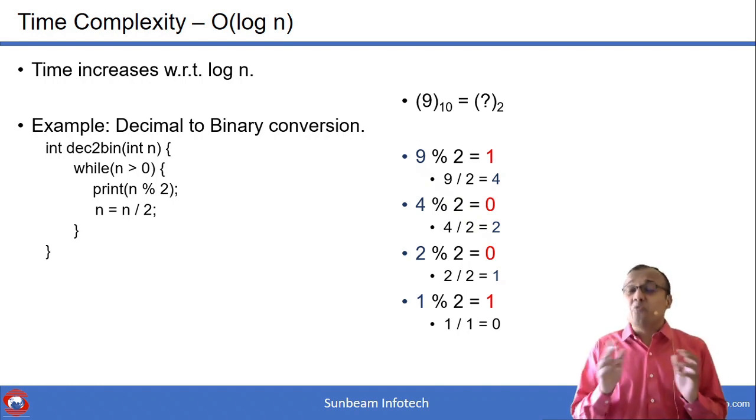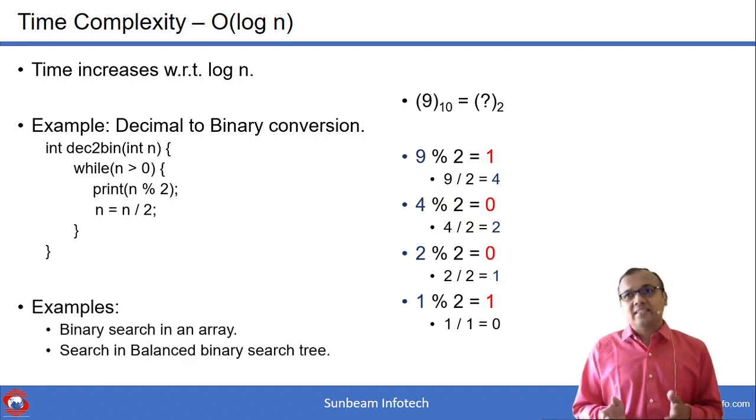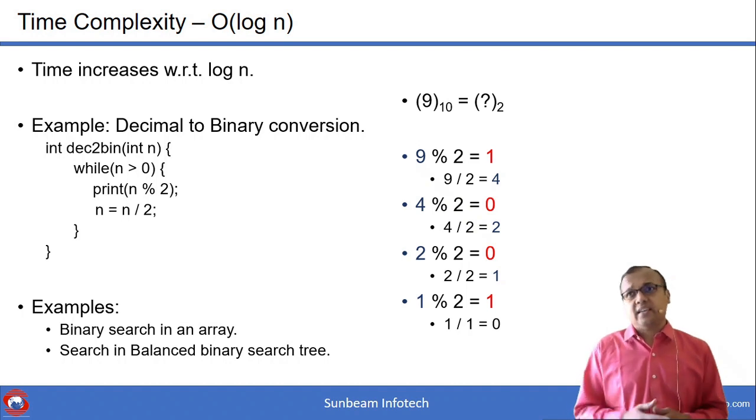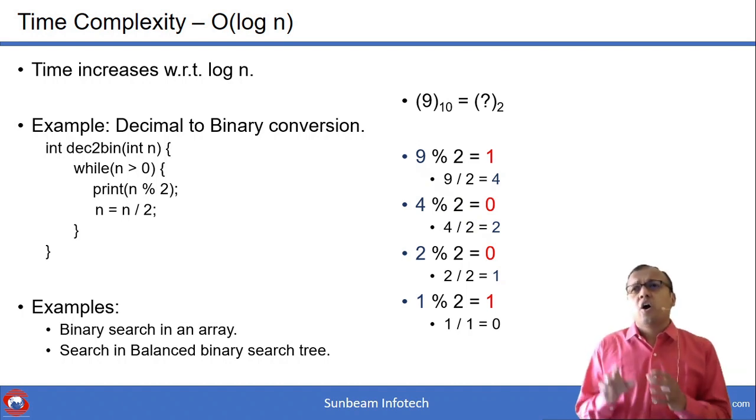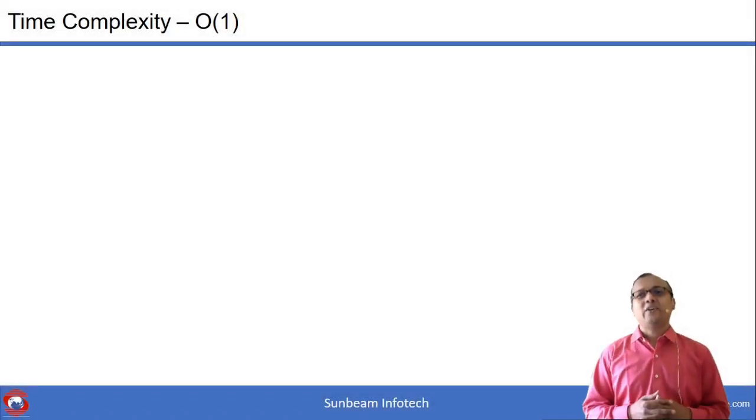So this is way faster than O of n square or even O of n. A few more examples would be the binary search in a sorted array, or for that sake binary search in a balanced binary search tree.